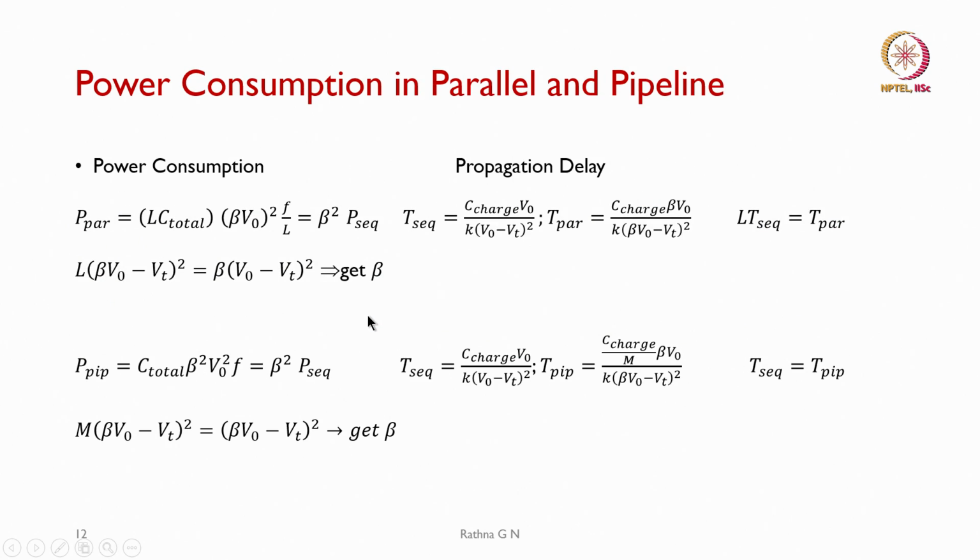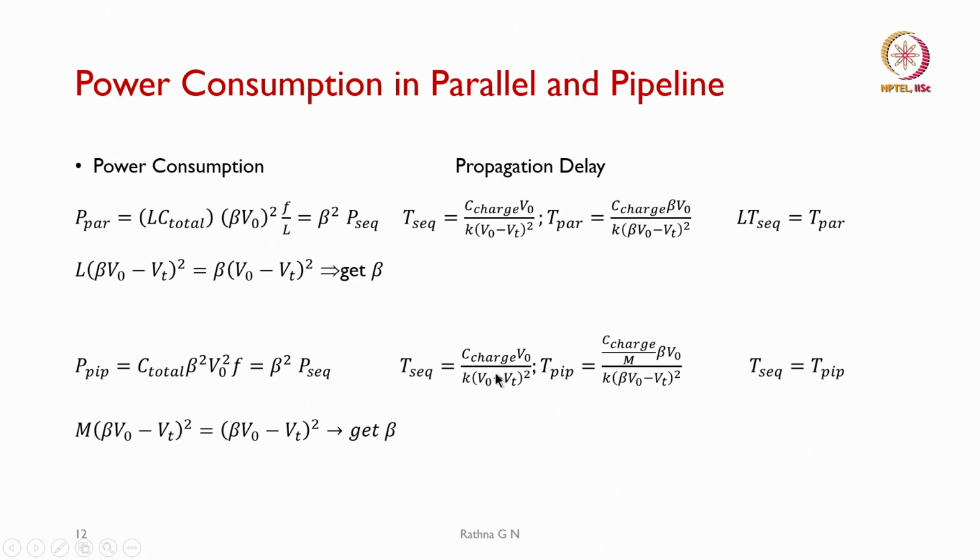So, then we consider both parallel and pipeline, how we are going to consider the power consumption with respect to the propagation delay we calculated. So, we have T sequential equal to T parallel, and then based on our pipeline, T sequential is equal to T pipeline.